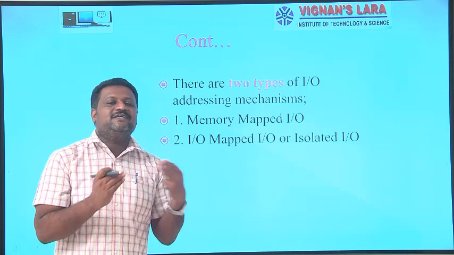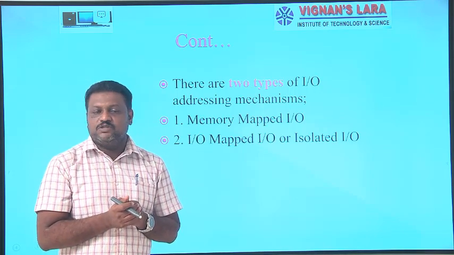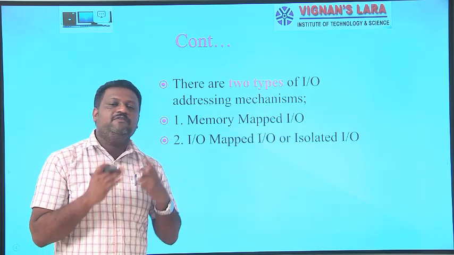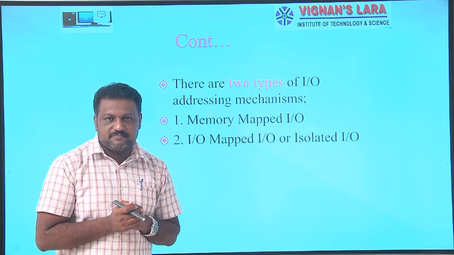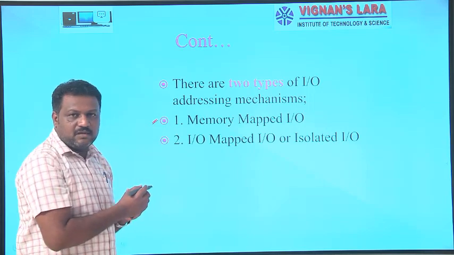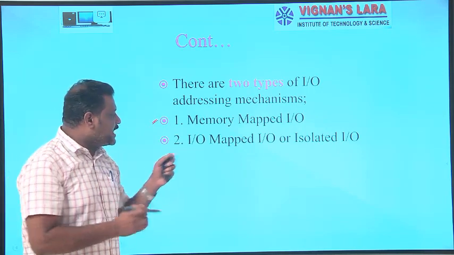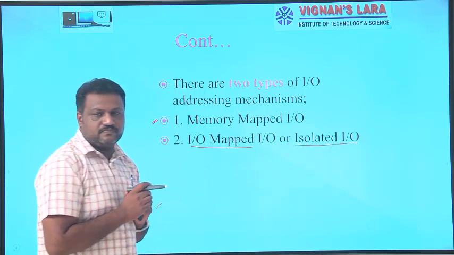So how are we assigning addresses to the I/O devices? There are two techniques, or two types of I/O addressing mechanisms, to address I/O devices. One is memory mapped I/O, and the second one is I/O mapped I/O, which is also called isolated I/O.